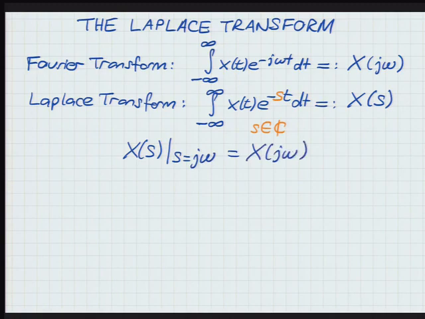So in that sense, Laplace has a little more information than Fourier transform, right? If I have the Laplace transform already, I can just substitute in place of the complex number s, j omega, and I recover the Fourier transform. Okay, so Laplace has more because it's a function of two variables, the real part and the imaginary part. You drop the real part, you get the Fourier transform.